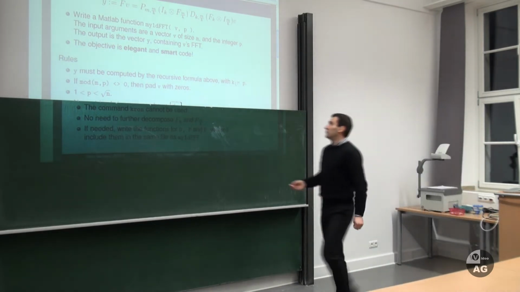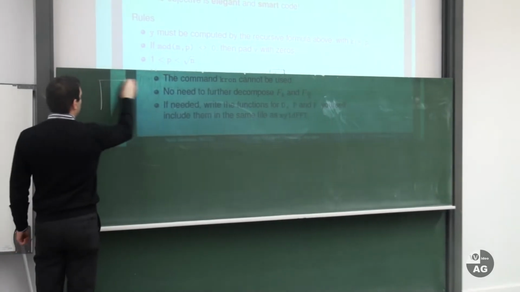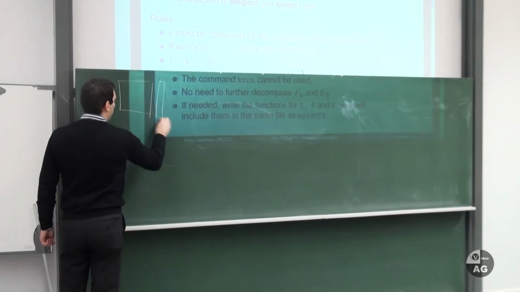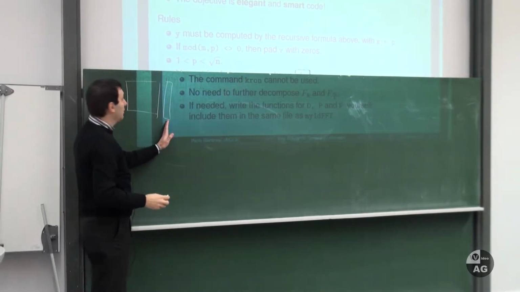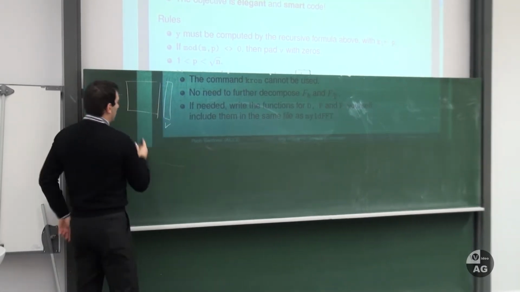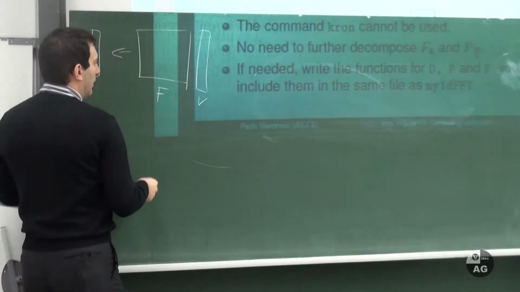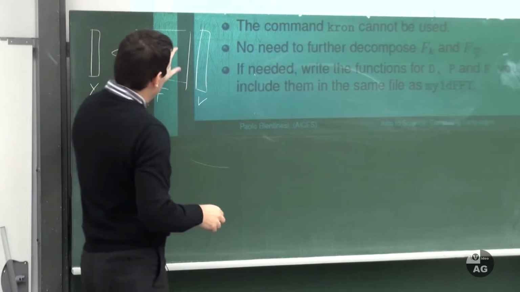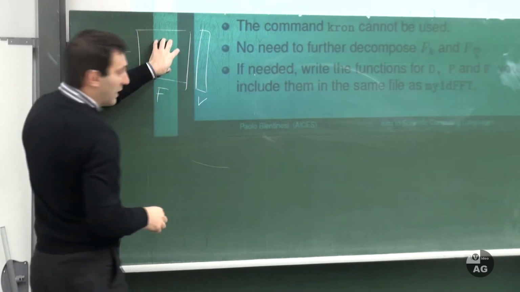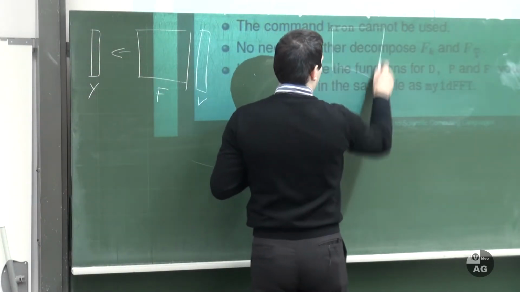We have to compute the FFT of an input vector. What is that? We just have to receive an input vector V. We have a definition for this matrix F, and we want to compute our Y. The trick is that our F is not a matrix, it's a product of matrices.